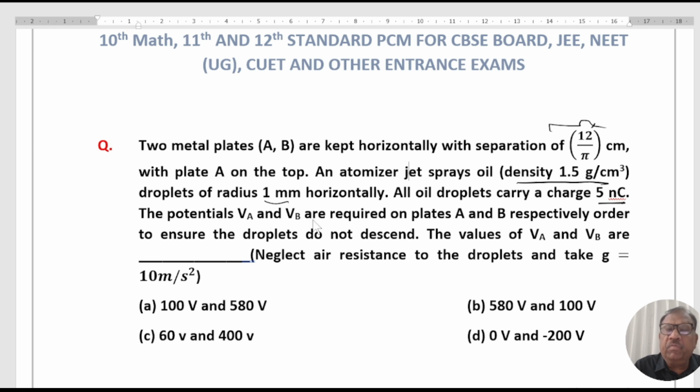The potentials VA and VB required on the plates A and B respectively, in order to ensure that droplets do not descend, have to be filled in the blank. Neglect air resistance, take g equal to 10 meter per second square. Four options are given, one of them is correct.